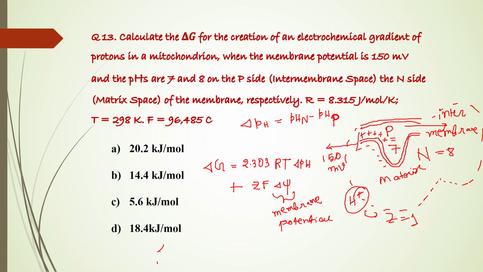Put everything here. Delta G equals 2.303, R is 8.315, that is given in your question. T is 298. Delta pH is pH N minus pH P. pH of N is 8, pH of P side is 7, so our delta pH is 1.